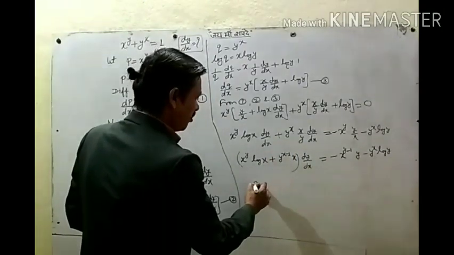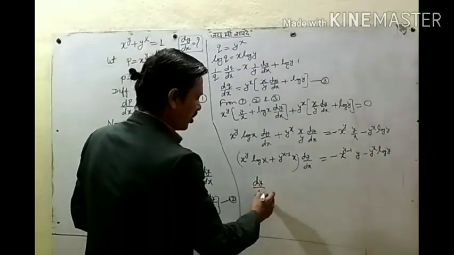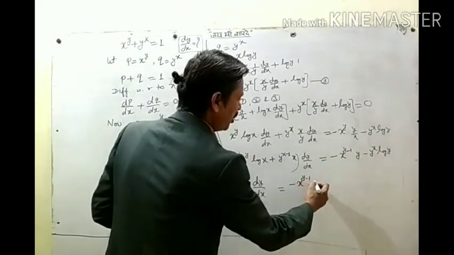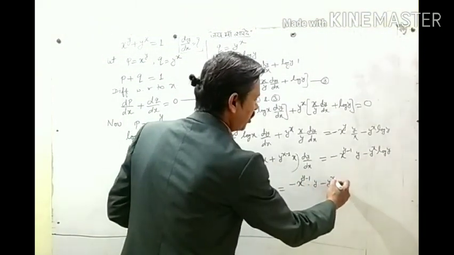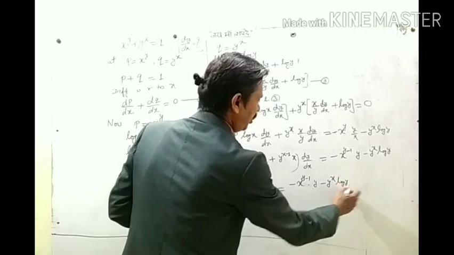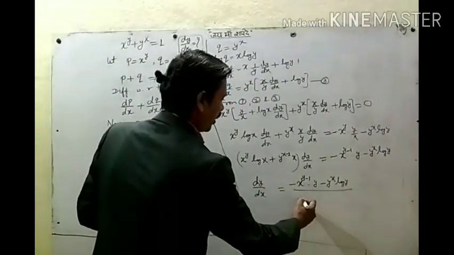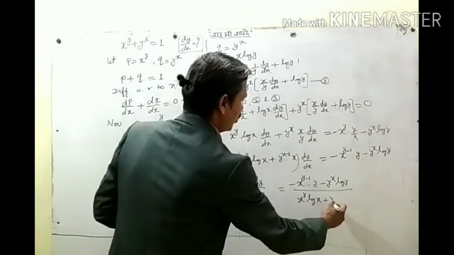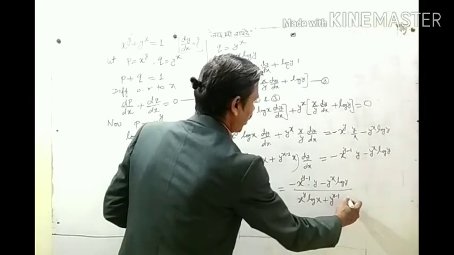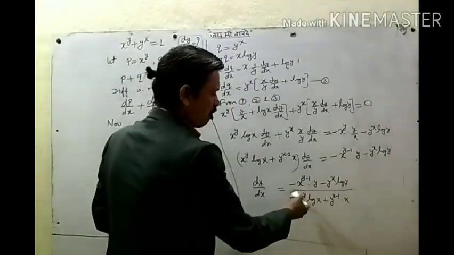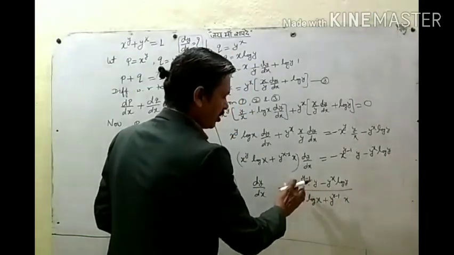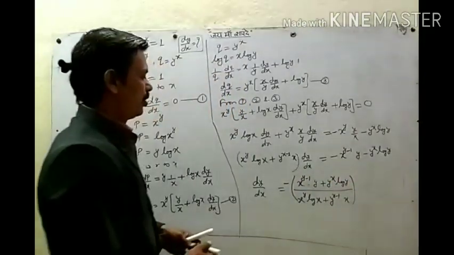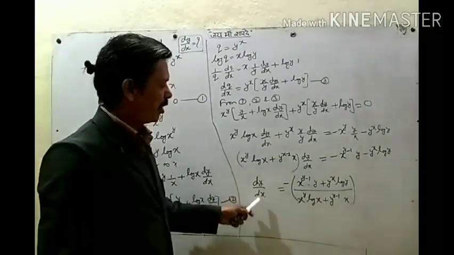So now your dy by dx is equal to minus of x to the power y minus 1 into y plus y to the power x into log y, divided by this term x to the power y log x plus y to the power x minus 1 into x. From this we take minus common; if we take minus common, then this term will be positive. So this is the derivative of y, dy by dx.